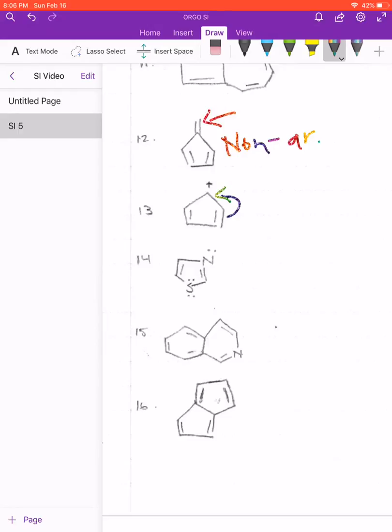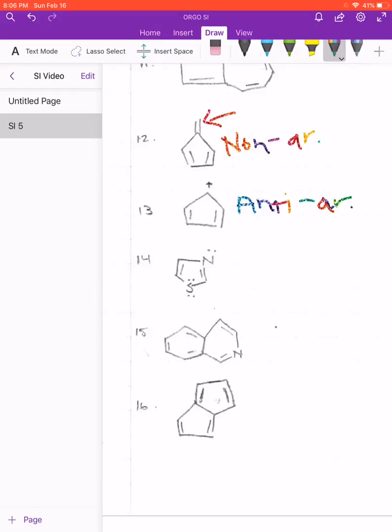If you move this bond right here, and you move this bond right here, then your double bond moves right there, right? So your molecule is conjugated, and your molecule is planar. But your molecule has an even number of electron pairs, which means that it's anti-aromatic. Okay?